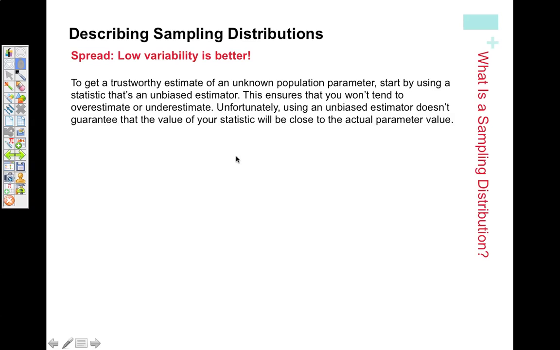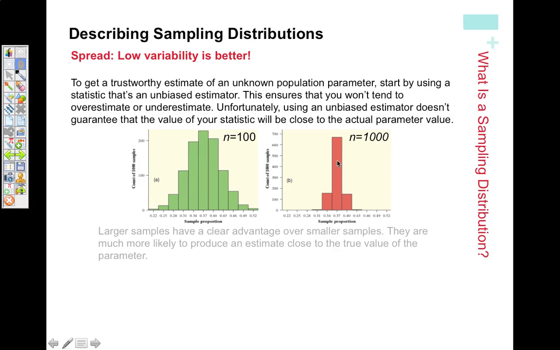A lot of times, though, unbiased estimates don't guarantee that we'll be close to the actual parameter. And something to know is we can get that better by using a larger sample size. Notice for sample size of 100, we get this distribution.